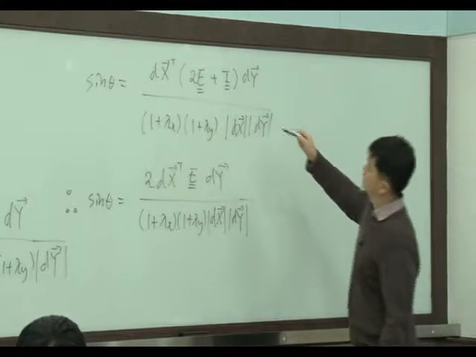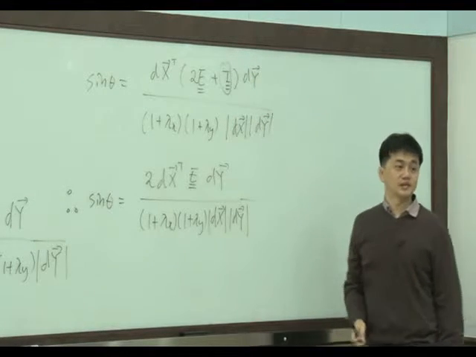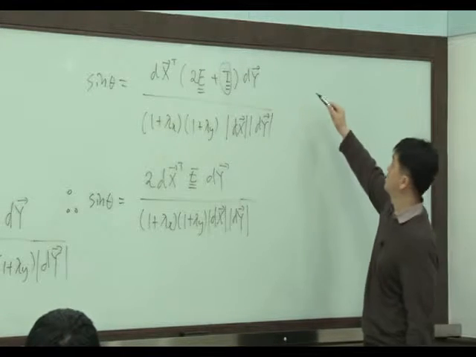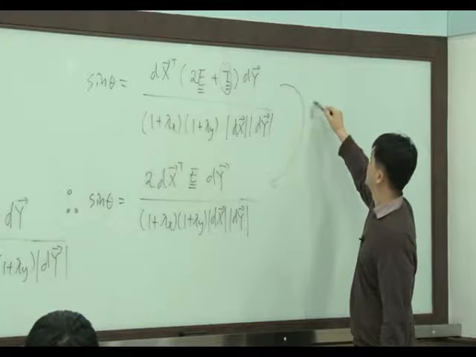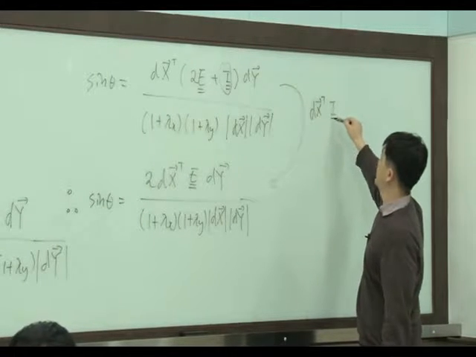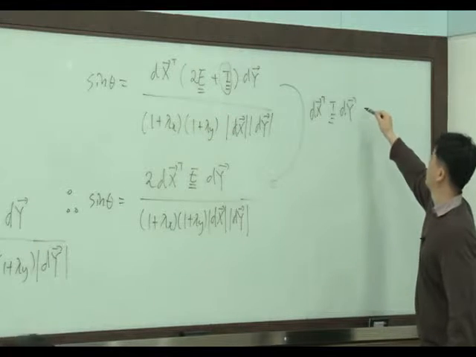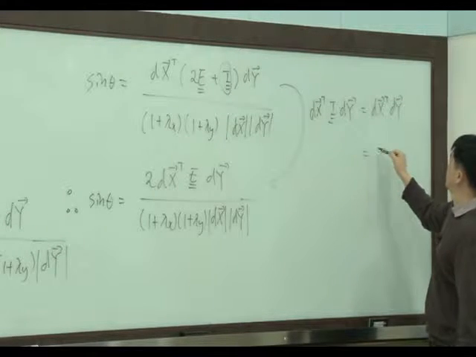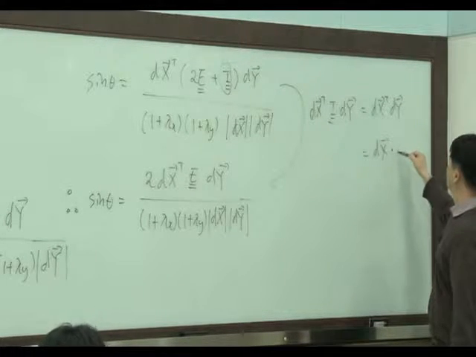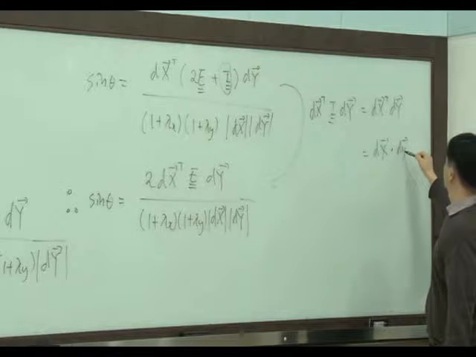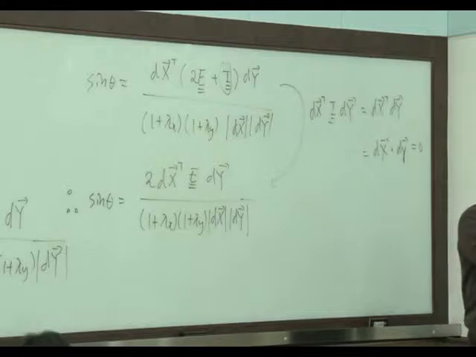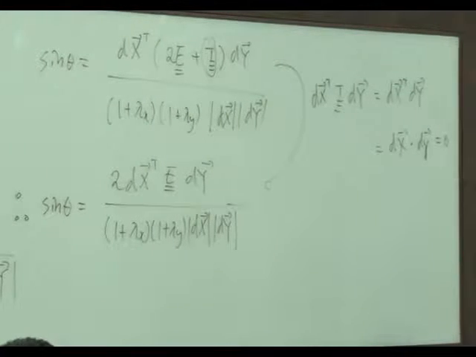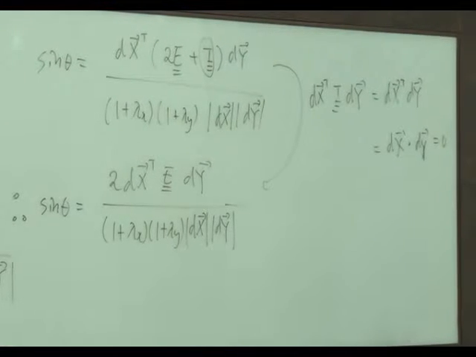So the identity matrix is removed because dX transpose I dY equals the dot product of dX and dY, which is 0, because the X and Y vectors at the initial configuration are normal to each other, 90 degrees.